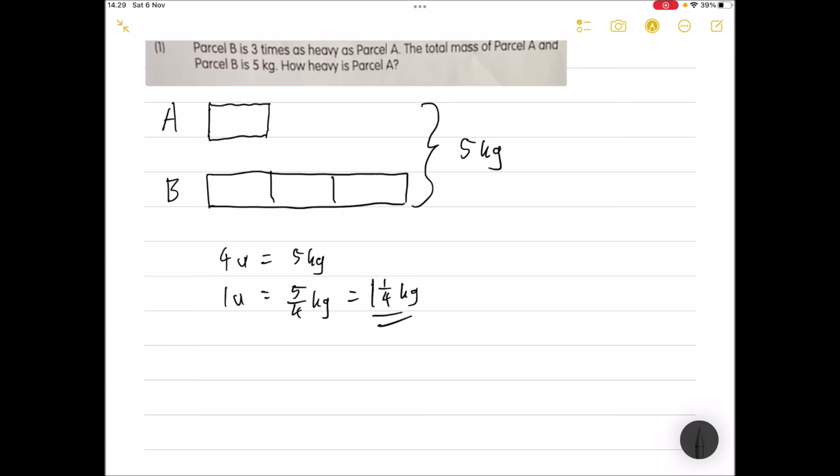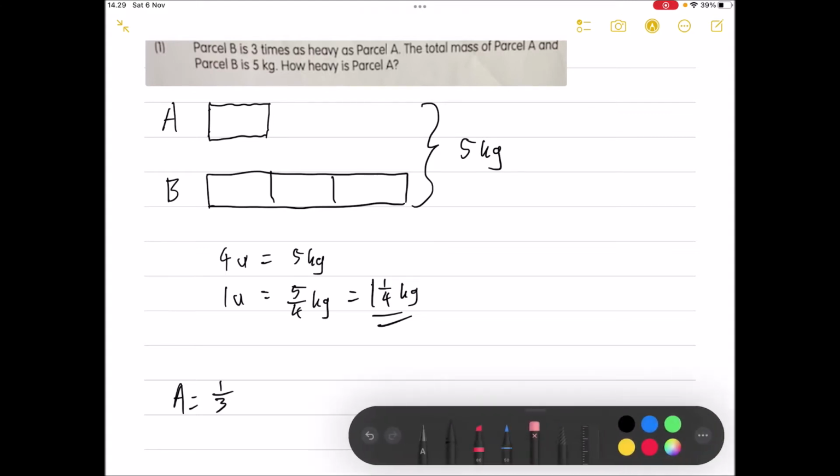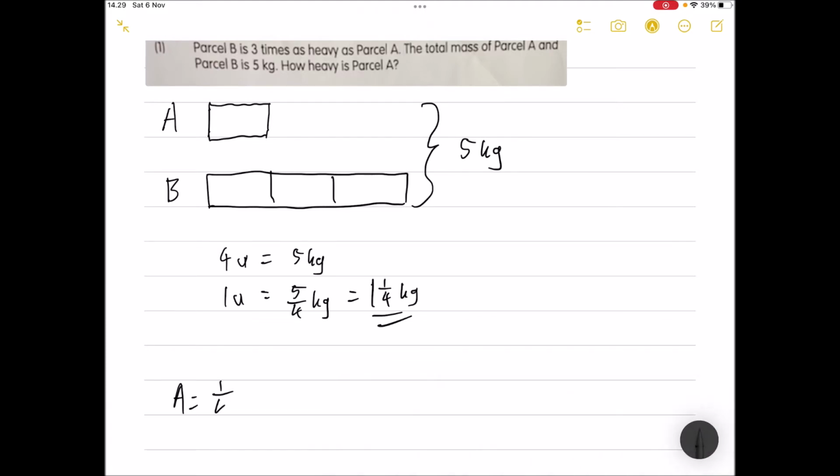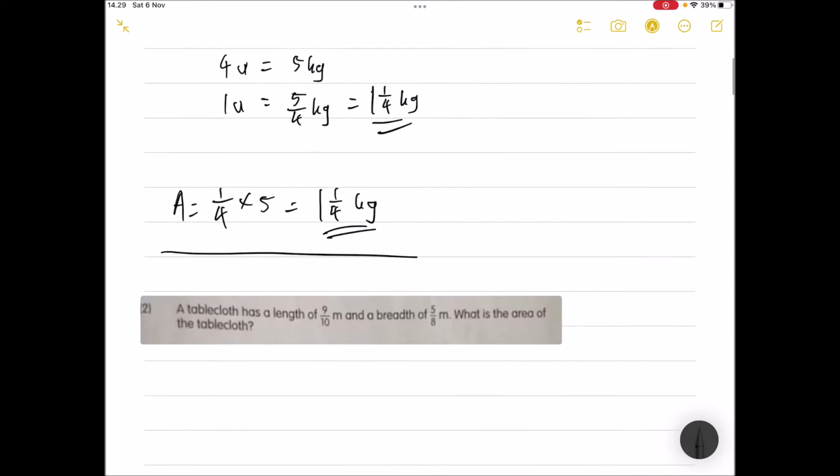So we know that A will be 1/3 multiplied by 5, which is 1 and 2/3 kilograms as well. So it's the same. However, we need to be able to visualize it in our head first, which somehow doesn't make sense. If you can go with the unit method, why should you go with the hard method like this one? Okay, let's go to number 2.